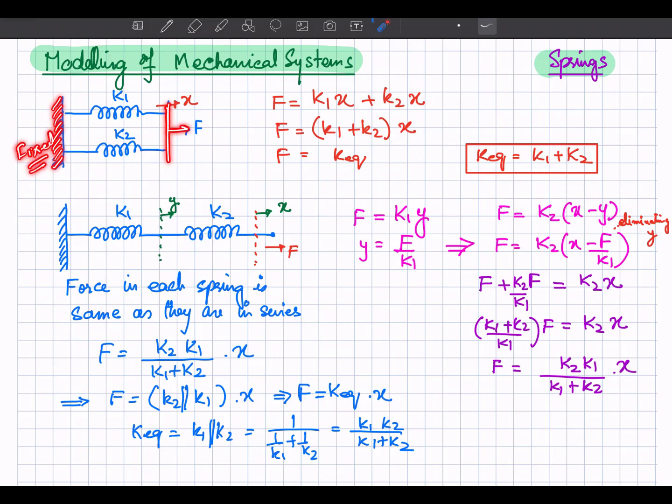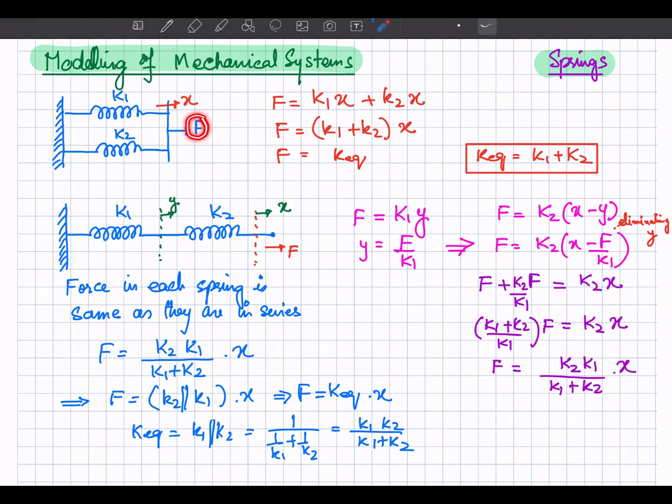So when we apply the force F over here, there will be the displacement, let's suppose X. So both of these springs will try to resist the change in their motion by applying the force in this direction.